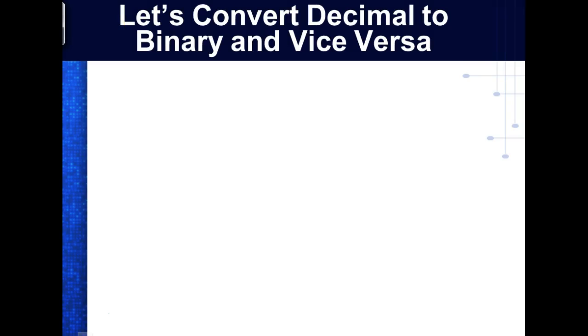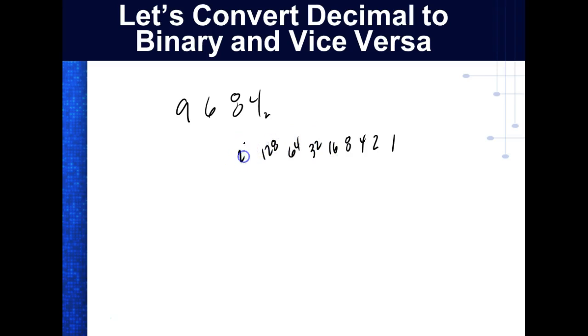So if I had a decimal number, 9,684, and I wanted to convert that to binary, how would I do it? I would start out by laying out a chart, right? 1, 2, 4, 8, 16, 32, 64, 128, 256, 512, 1,024, 2,048, 4,096, 8,192, 16,384.